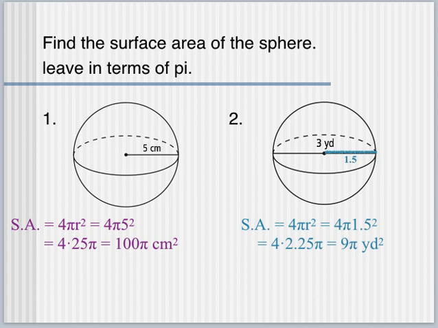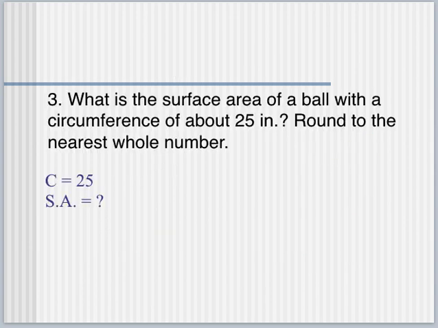Pause here and see if you can figure out the challenge question next on your own. It's always a good idea to start with a summary of what the problem is telling you and asking you. Here they're telling you the circumference and asking for surface area. So you'd plug in 25 for C in the circumference formula and solve for r.